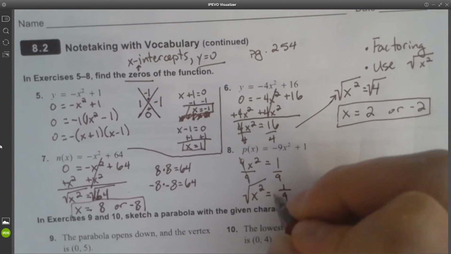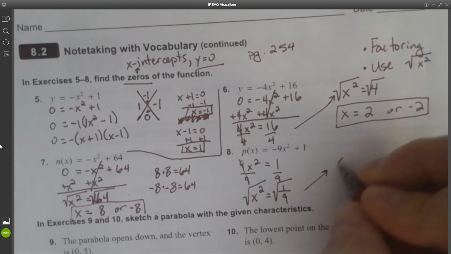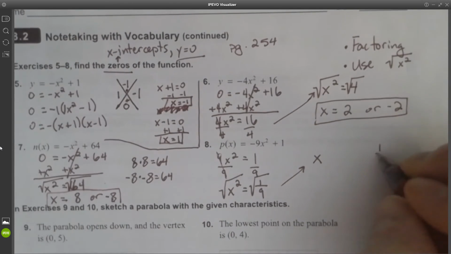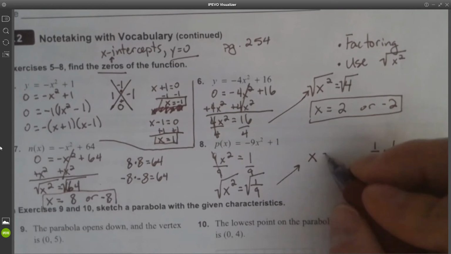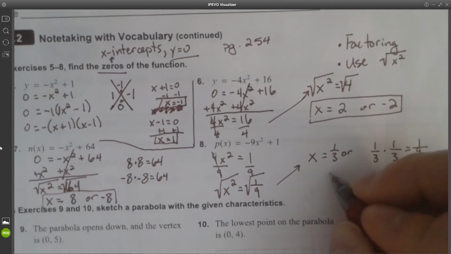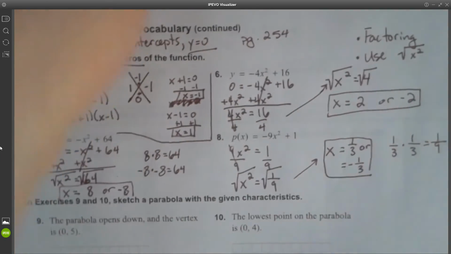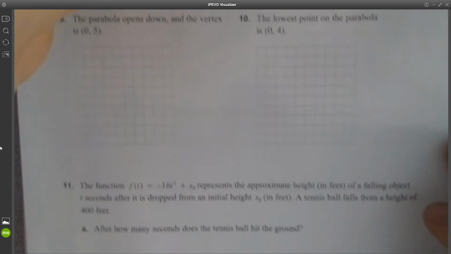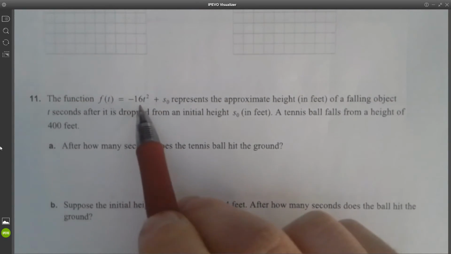In square rooting both sides, the square root of x squared is x, and since 1/3 times 1/3 equals 1/9, the square root of 1/9 is either 1/3 or x could also equal negative 1/3. There's my two solutions.